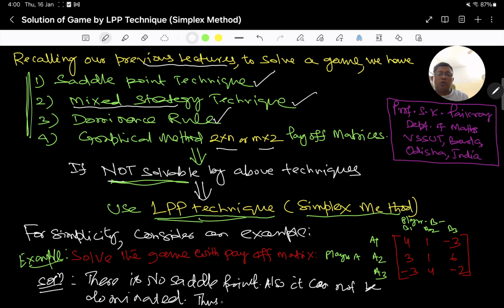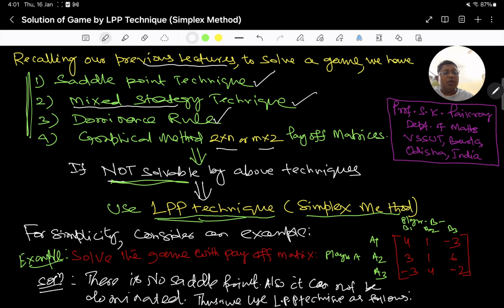Thus we use the linear programming problem technique, LPP technique, right? As follows.